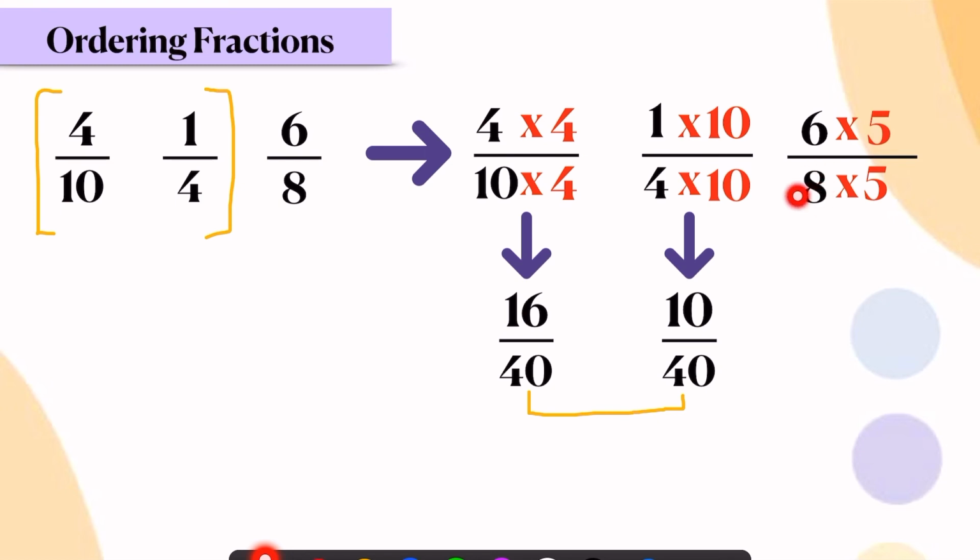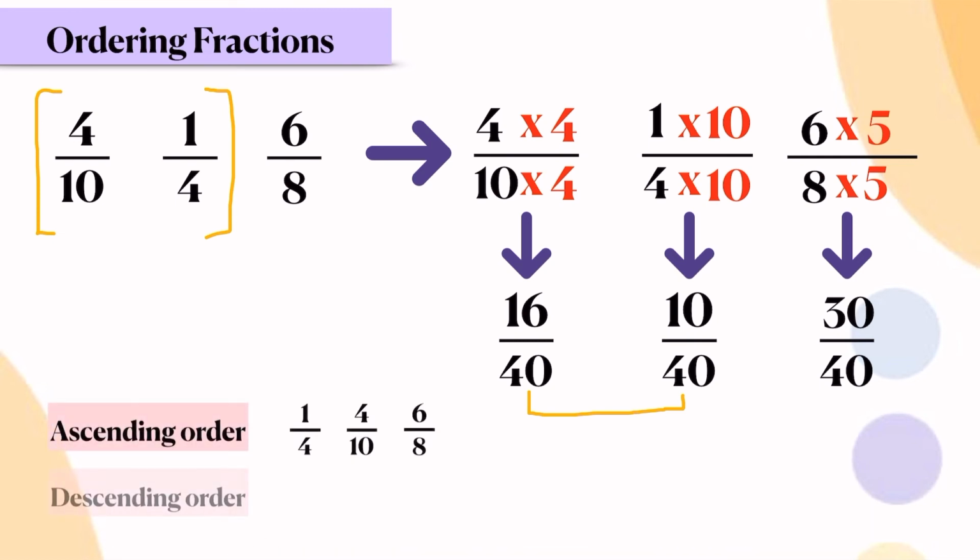And if I multiply 8 by 5, I need to multiply 6 by 5 as well. Whatever you do to the top number, you need to do to the bottom. Whatever you do to the bottom number, you need to do with the top number. So we got 30 over 40. Now you can compare these three fractions and order them.